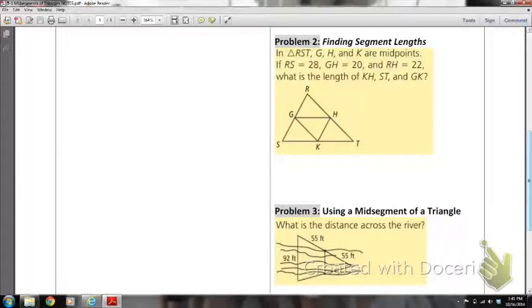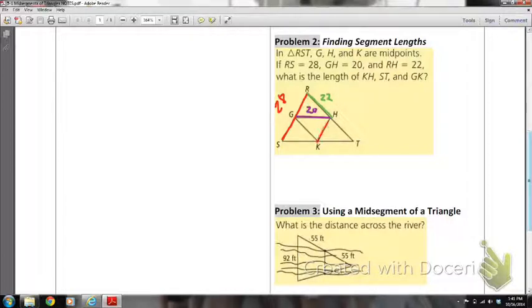It also tells us that the length of RS is 28, and it tells us that the length of GH is 20, and it tells us that RH is 22. So now it wants the length of KH, ST, and GK.